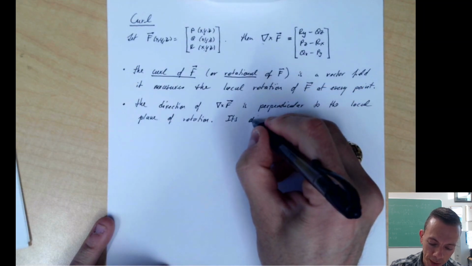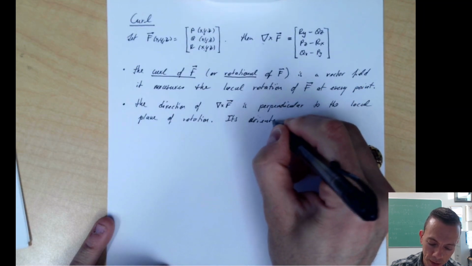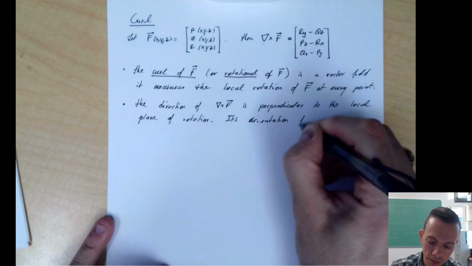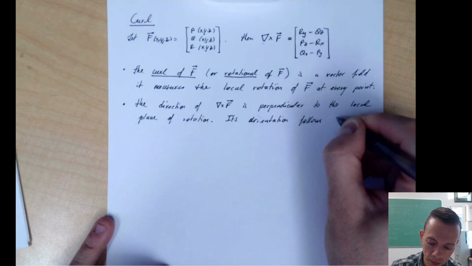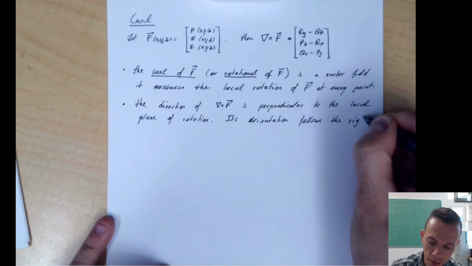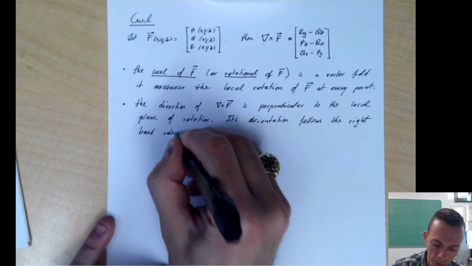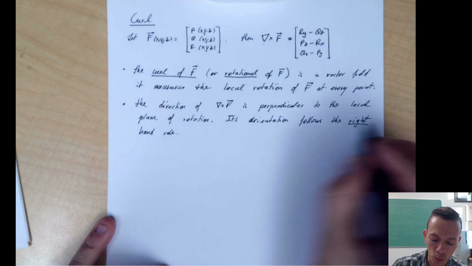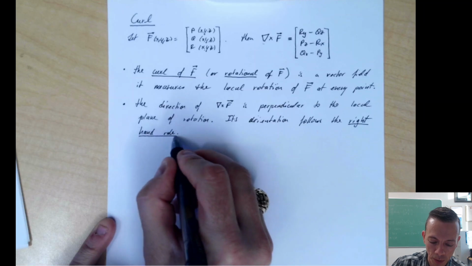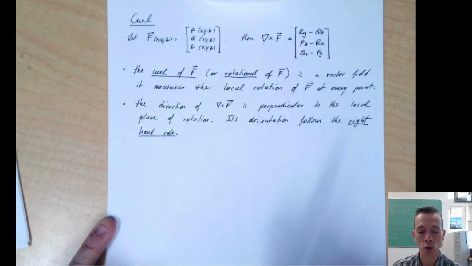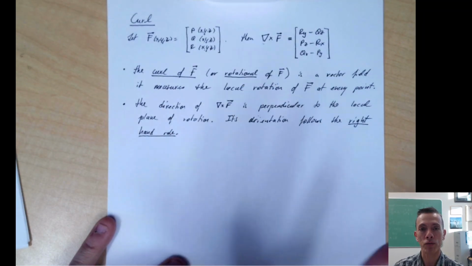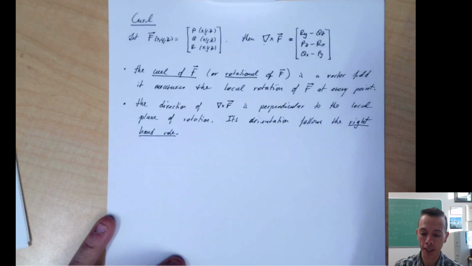This is the same right-hand rule that applies to the direction of any result of a cross product. It's the way your fingers curl around your right hand.